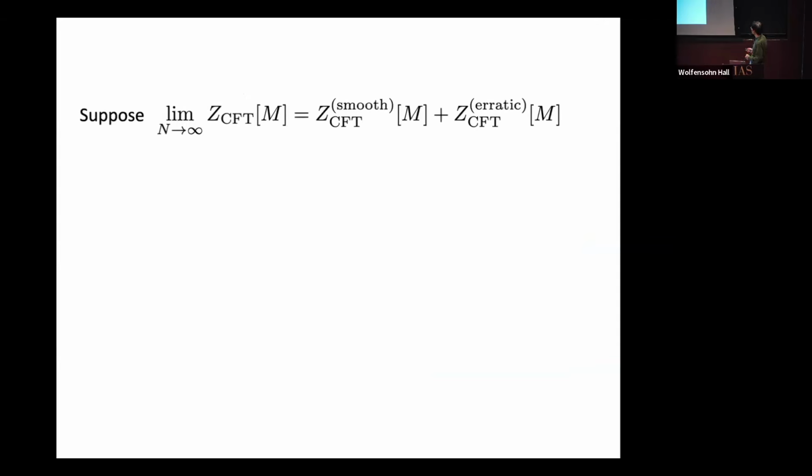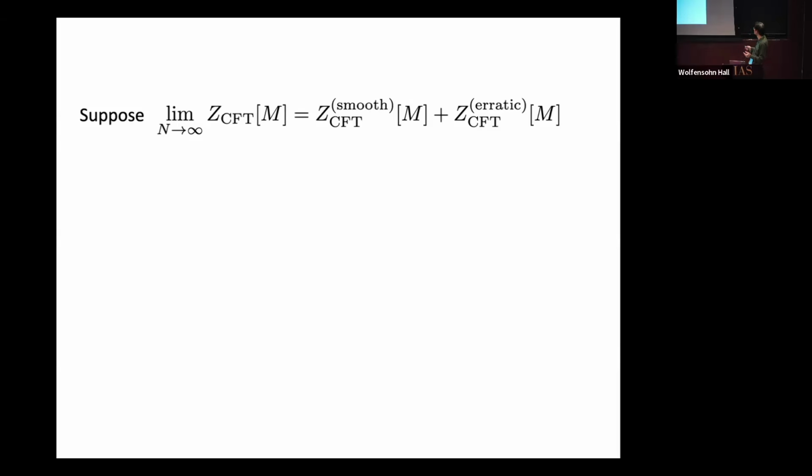So now let's imagine when you take the Lorentzian limit of the CFT partition function on some compact manifold, you not only have this smooth part, which we normally assume, but also have some kind of erratic dependence on N, which means that they don't fall into a transseries like this smooth part.